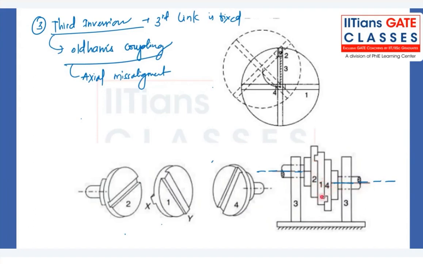Look at how it is fixing. These projections will fit into these slots, and we'll get the possible coupling out of it. So the third inversion is Oldham's coupling, and we use it to transmit motion between the two shafts.